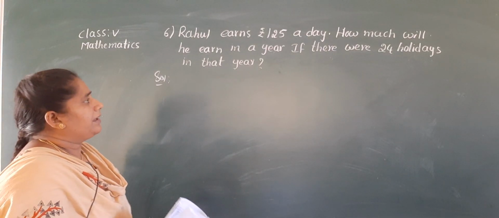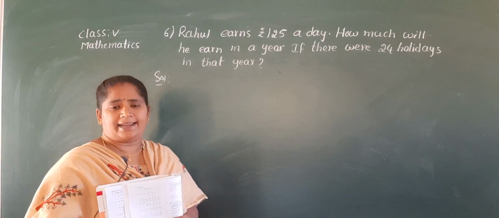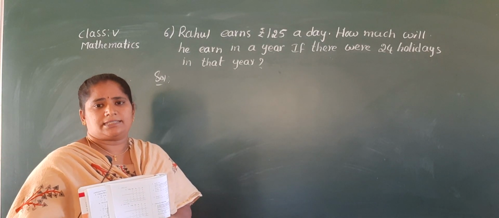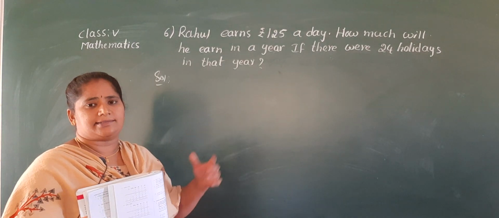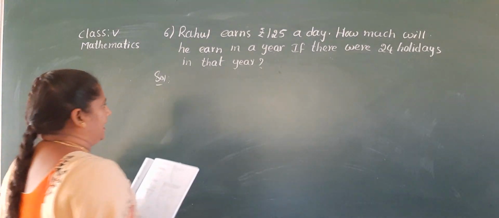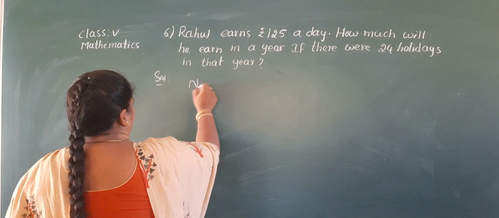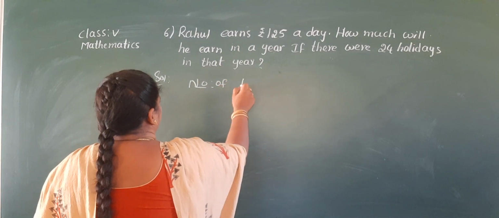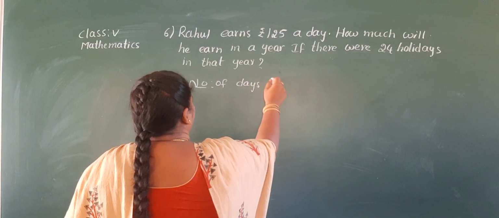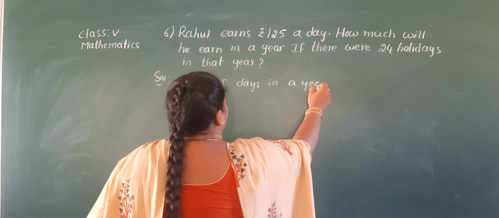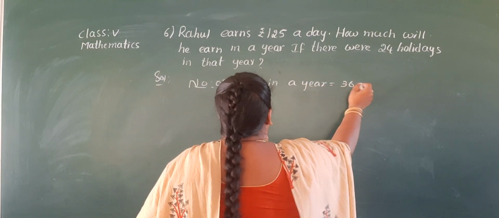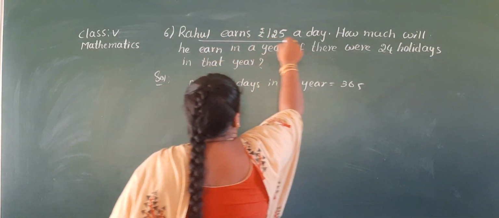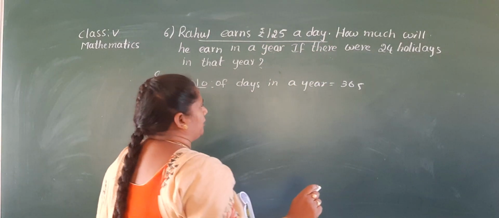First, a year has how many days, children? Come on, tell me. It's not leap year, general year. It's 365 days. So first we will write that one. Number of days in a year equal to 365. So how much amount he earns in a day? 125 rupees.